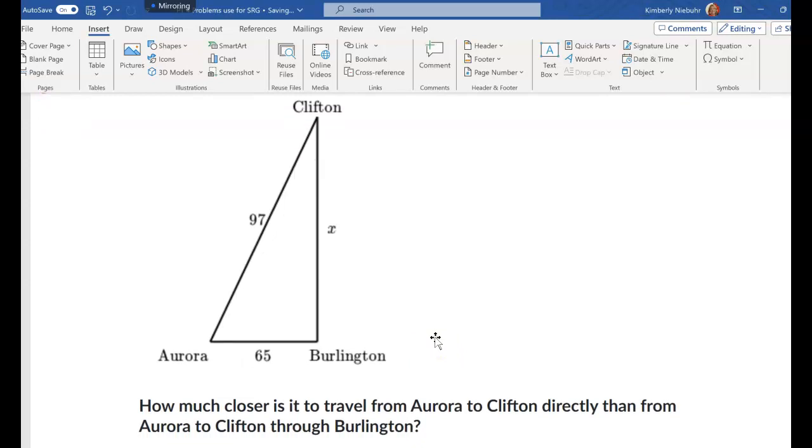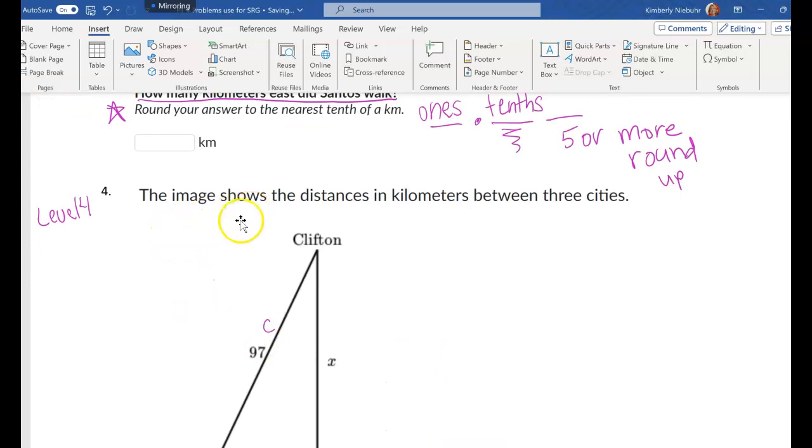I will tell you that this is going to be side C. And I will read you the question. The image shows the distances in kilometers between 3 cities.